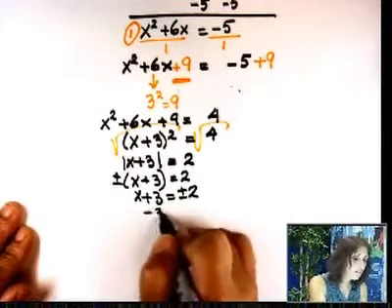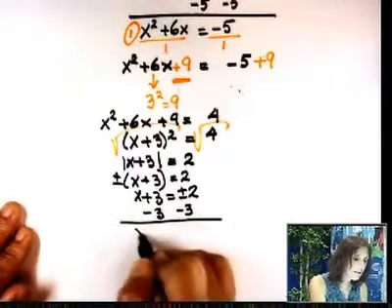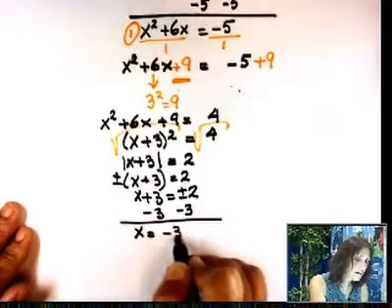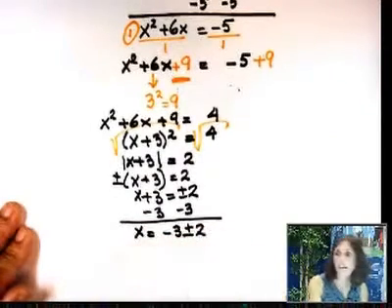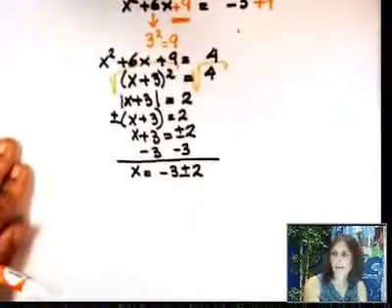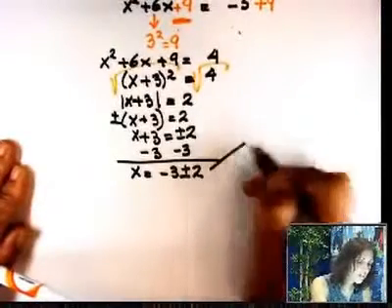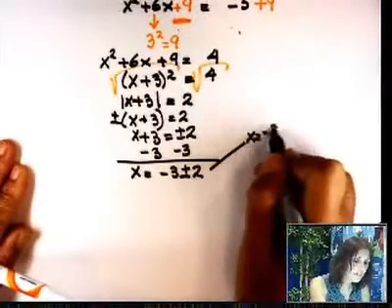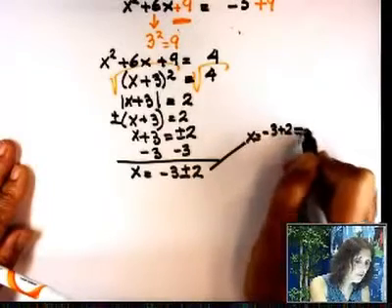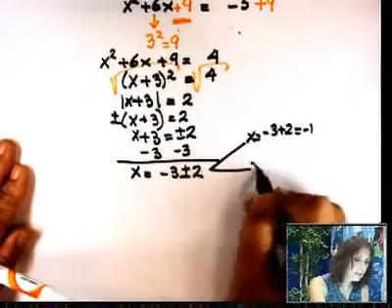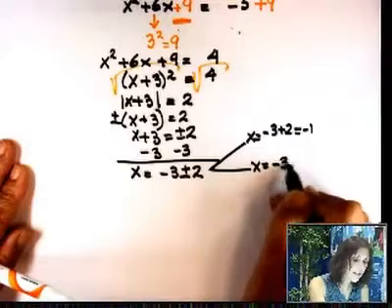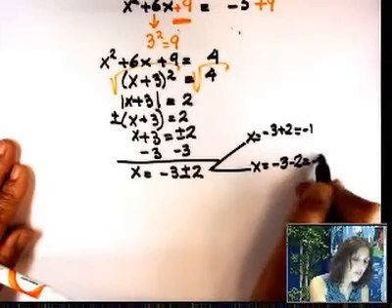Then move the 3 on the other side. Okay, what does that give me? It's going to give me 2 parts. X equals negative 3 plus 2, which is negative 1. And x equals negative 3 minus 2, which is negative 5.